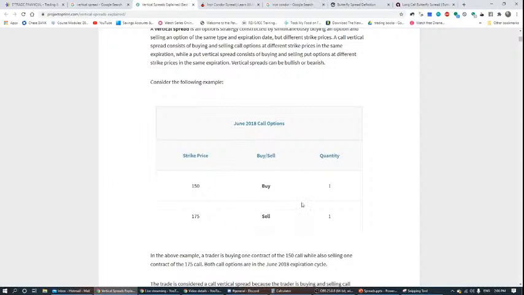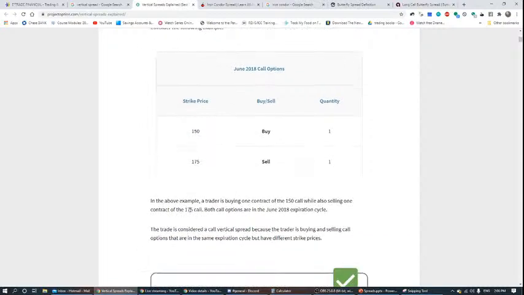Debit spreads don't have much room for error because you have to be right, and that's what I hate about them. You have to be right about the direction. But I'll talk about credit spreads later, and why I prefer them over debit spreads. So you're buying the 150, you're selling the 170. Let's say this whole spread is only worth $1. You pay $100 for the spread, and let's say the price goes up.